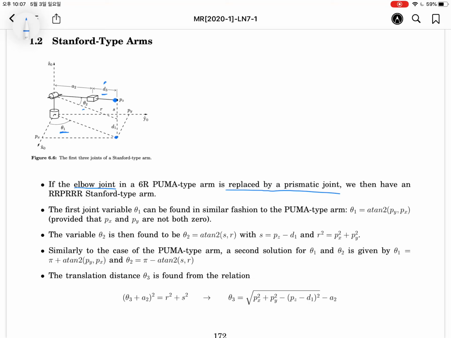So everything's the same. Theta 1 can be calculated from the projection point of px and py using the atan 2. So like this, we can get it.